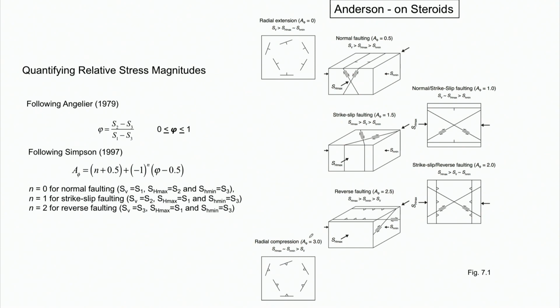So A phi is Angelier's phi, but also then sort of made more relevant by associating with a given type of stress state.